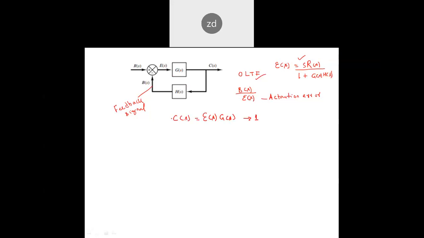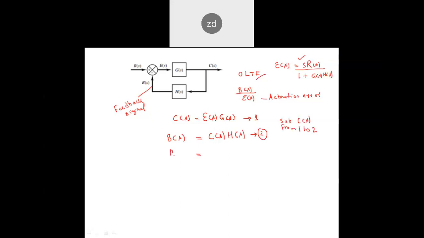Now if you look at the B of S value, B of S is a signal coming from here and getting multiplied, so B of S is nothing but C of S into H of S. Here you substitute the value of C of S from equation 1 into equation 2.